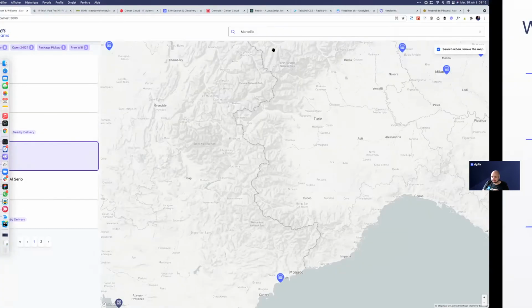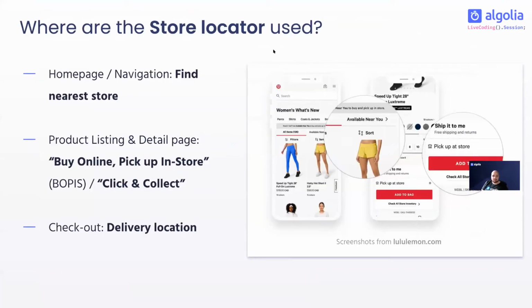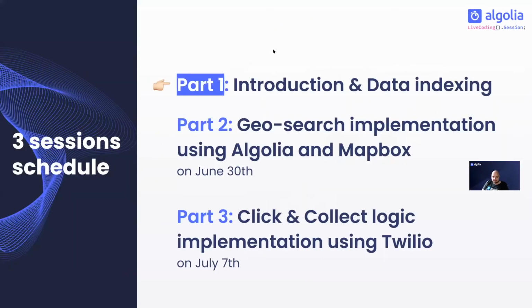Great. So let's dive into the sessions we are going to do together. In part one today, we're going to do this small introduction about the BOPIS, what we've already done, and we're going to do all the data indexing and app scaffolding using, of course, all the tools. Next week, we are going to do the GeoSearch implementation using Algolia and Mapbox.